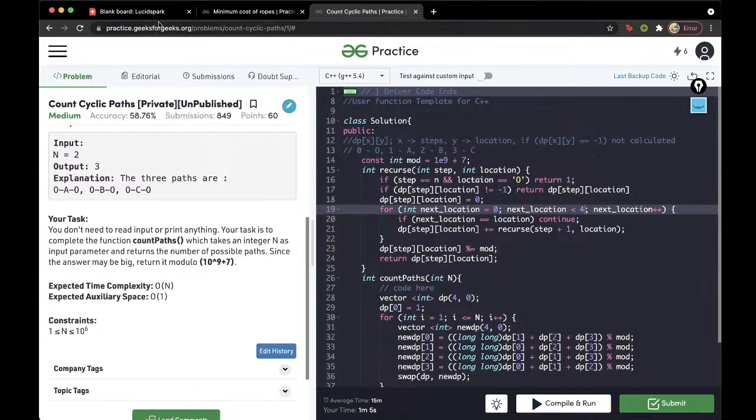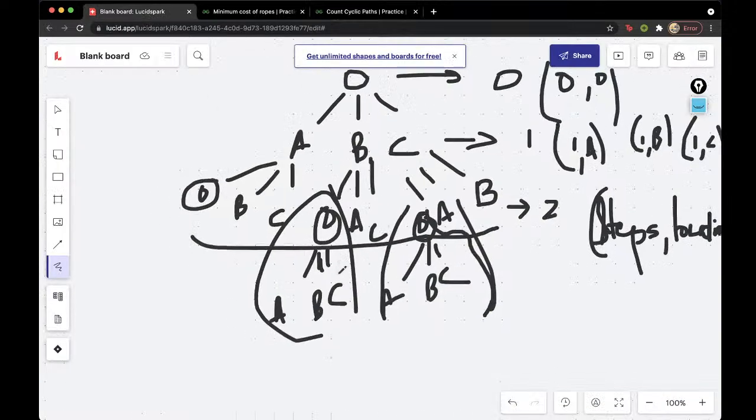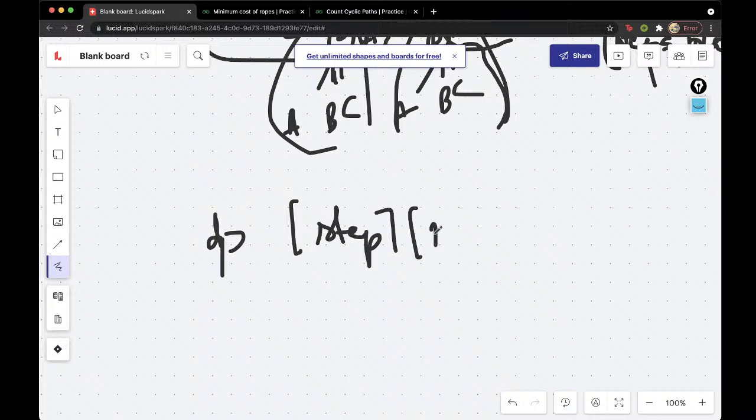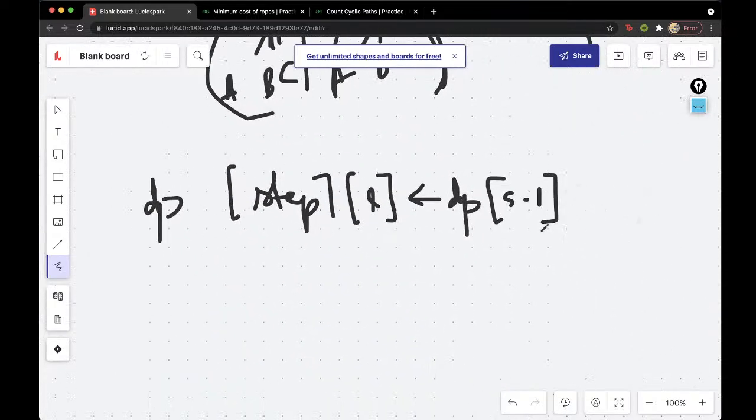So now one more observation you make is that dp of step and then let me just write L for location, this can only come from dp of step -1 comma some other location, right, because we are basically backtracking.